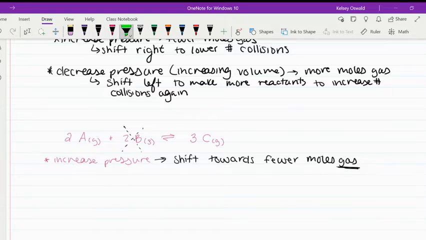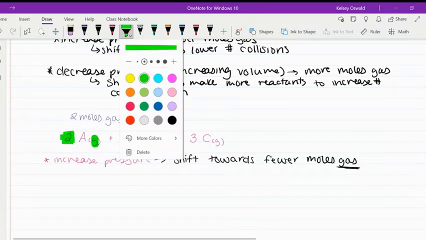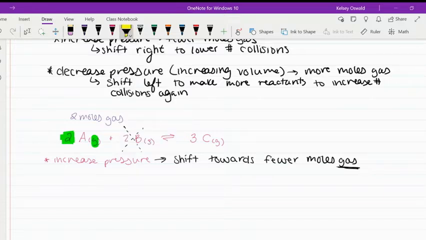Because it's only those moles of gas that will affect our number of collisions. So if we look at our reactant side, we only have 2 moles of gas, because A is our only reactant that is a gas. On our product side, we have C, which is a gas, with a coefficient of 3.